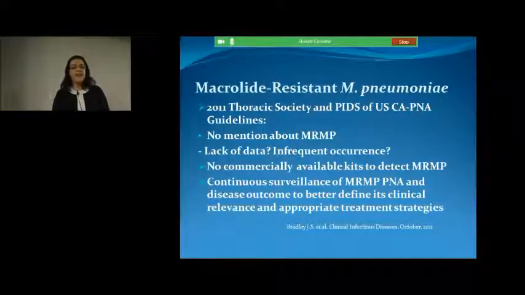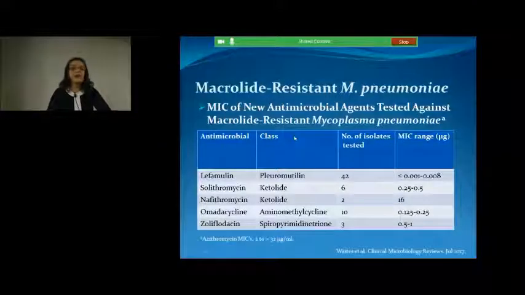So at this point, the recommendation is to continue surveillance for macrolide-resistant Mycoplasma pneumoniae and follow up the disease outcome to better define its clinical relevance and appropriate treatment strategies if it becomes a major problem in the US.